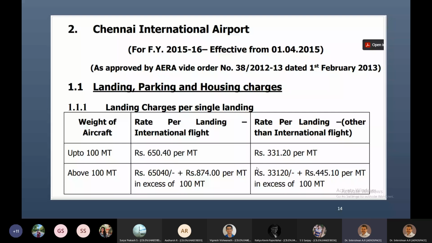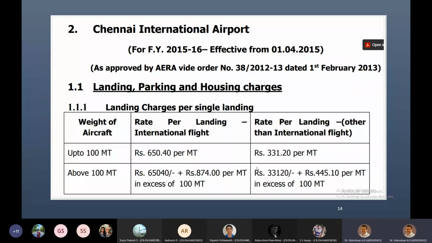Now, up to 100 metric ton of the weight of aircraft, the rate per landing for an international flight is, or rather was, because it's 2015-16, I don't have the new numbers anyway. Probably they are much higher now. So anyway, in 2015, it was rupees 50 per metric ton.